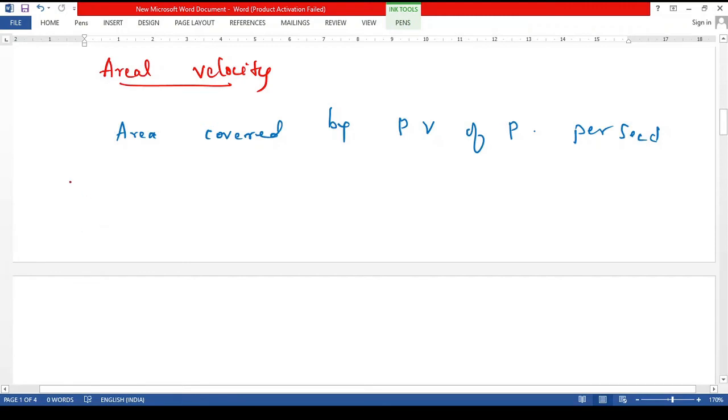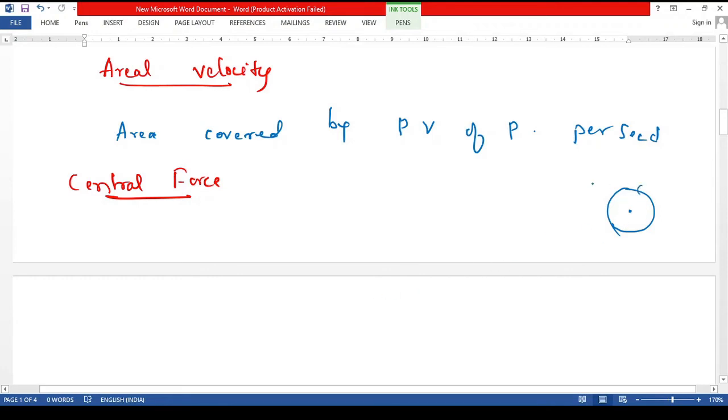Next definition is central force. The force acting on a particle is always either towards or away from a fixed point. Consider a particle which is rotating.